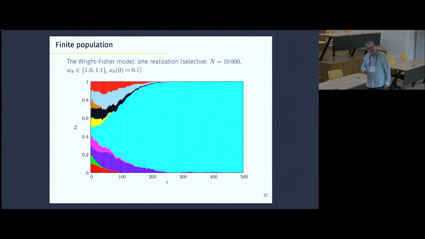But if you look carefully, you find that this blue guy remains quite a long time. Here we have a population of 10,000, the difference is only 10%, and we start with 10 different types, each with equal frequency.